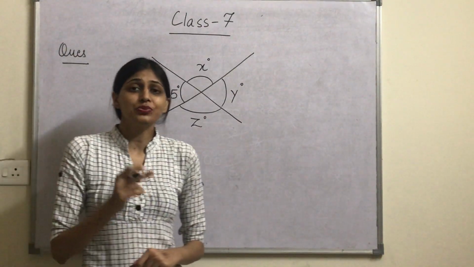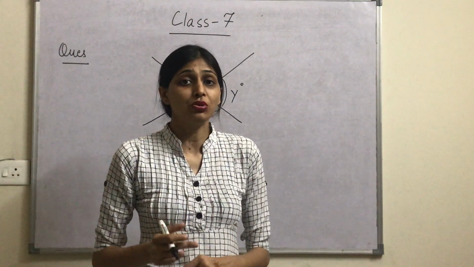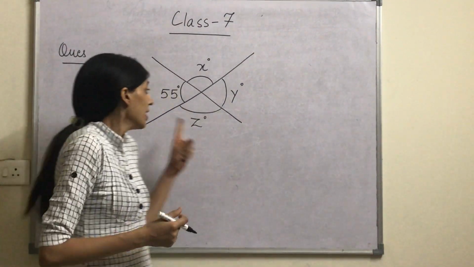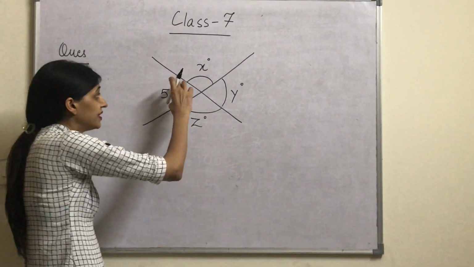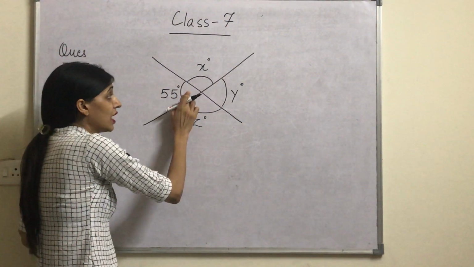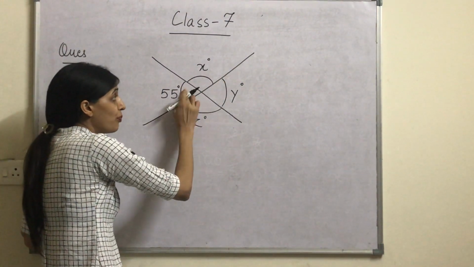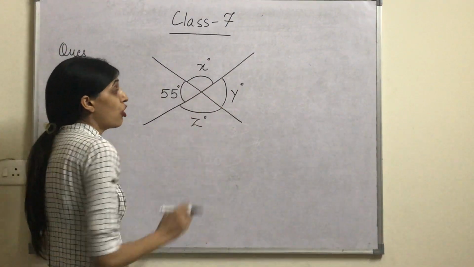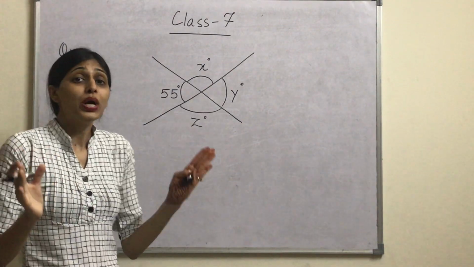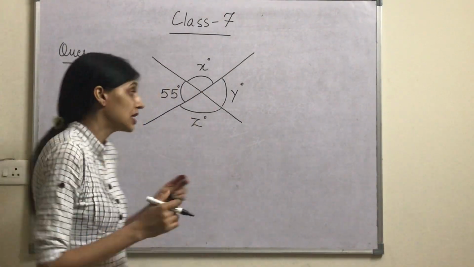Now in the previous video we have discussed about vertically opposite angles and linear pair. In this we know if this angle is 55 degree, then the angle which is opposite to it is also 55 degree because these are vertically opposite angles.